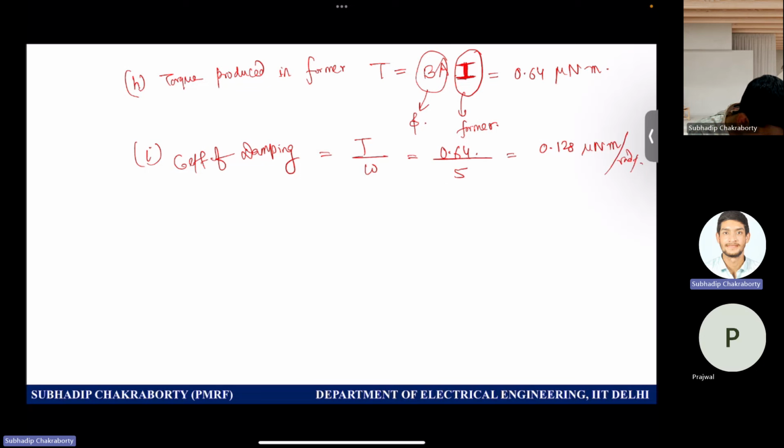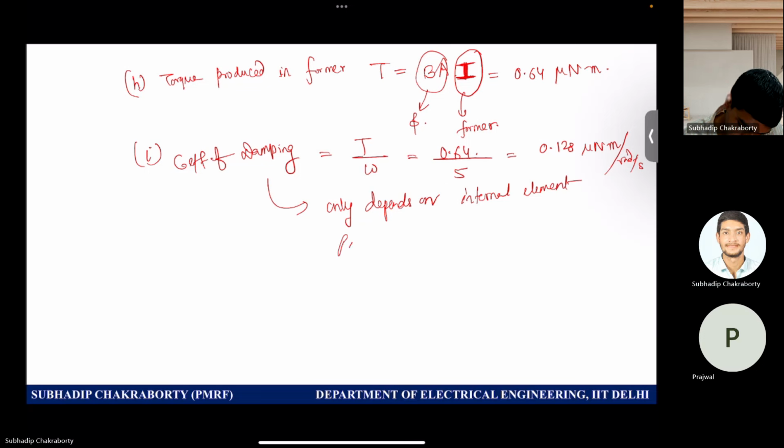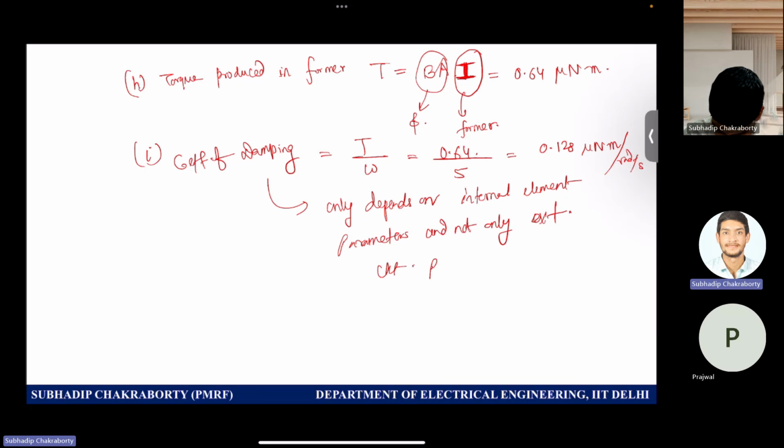So you see that the damping due to the former depends only on the parameters of the instrument, internal element parameters, and not on external circuit parameters. Hope you understand. So these kinds of problems are important for your understanding.